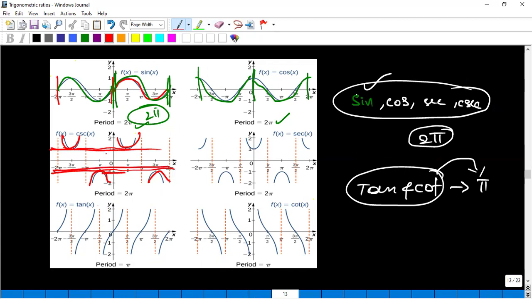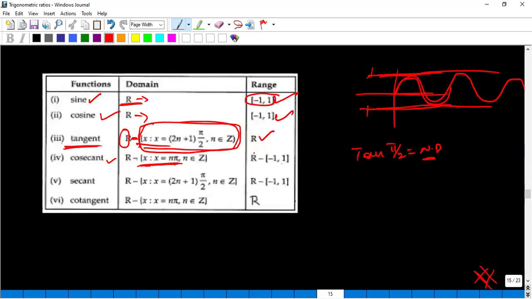That means from minus 1 to 1, there is no value. So they are removing this minus 1 to 1 range from all real numbers. Minus 1 to 1, we don't have in our range. That's why they removed it. Then secant also, cotangent also. Hope this is very clear.